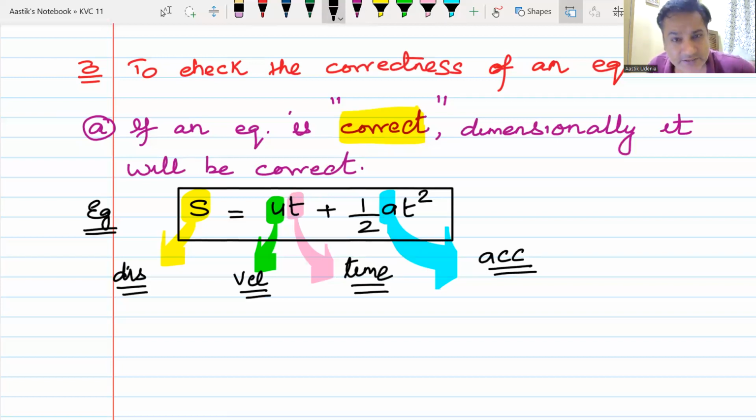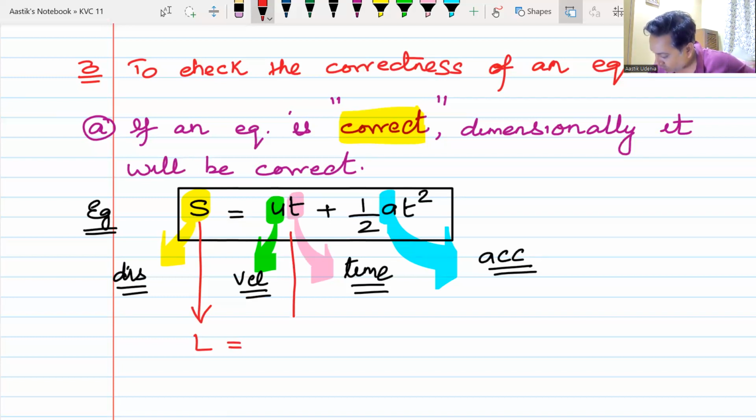Is it dimensionally correct as well? So how do you check whether this equation is dimensionally correct? This equation is correct, we know. Now if I check the dimension of this equation, what is the dimension on the left hand side? L. Now whatever is on the right hand side should also have the dimension of L. Yes or no?